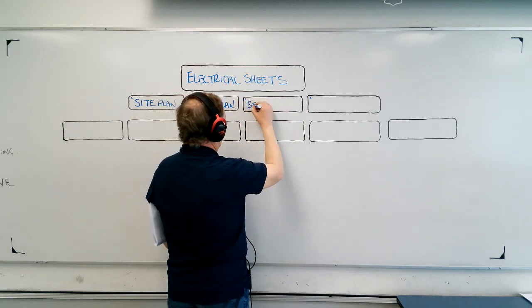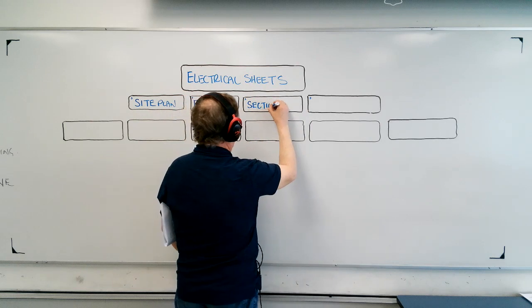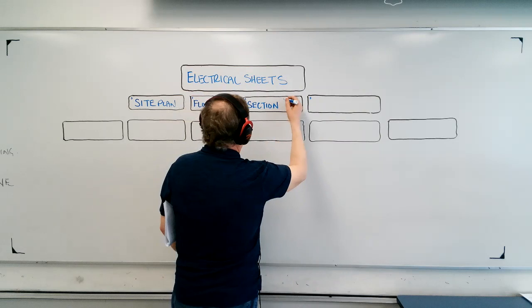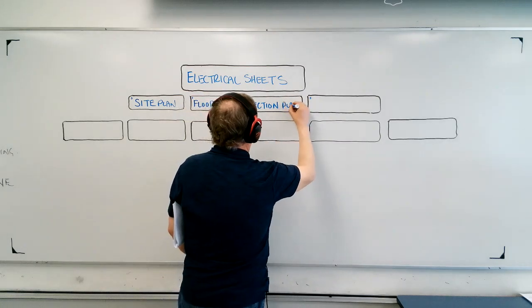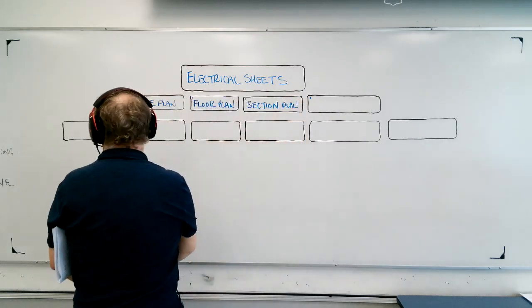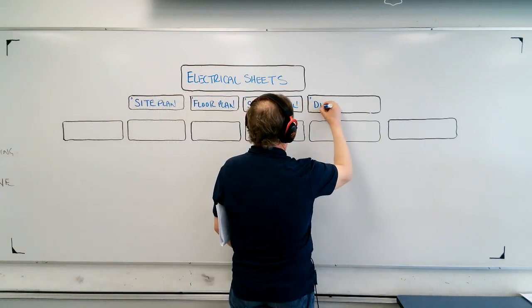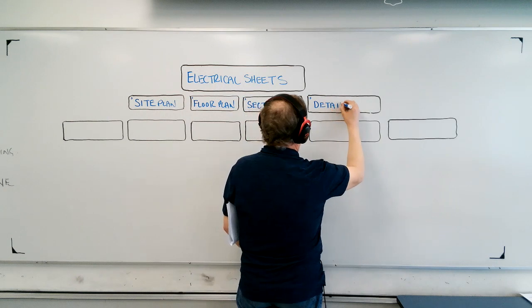So we'll have actual electrical section drawings, sometimes of equipment like MCCs, things like that. So an electrical section plan, and also very important, details. So we'll have electrical detail plans.